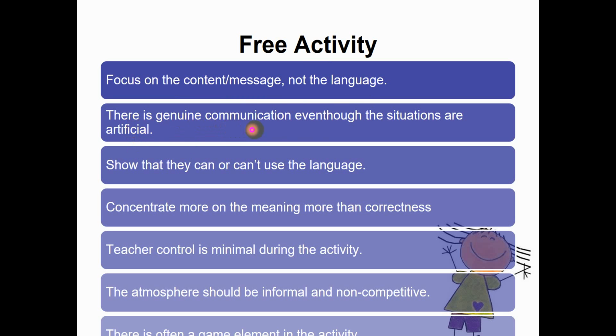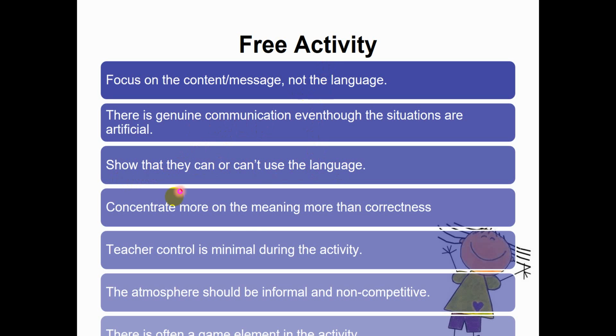There is genuine communication even though the situations are artificial. What is meant by the situations are artificial? The situations are given by the teacher, but the language they use, the expressions, is genuine. So you have to show them what they can or cannot use in the language.